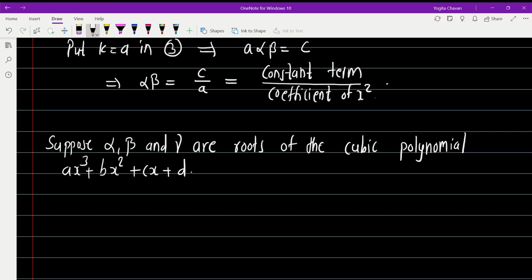Therefore x minus alpha, x minus beta, x minus gamma are factors of this polynomial.